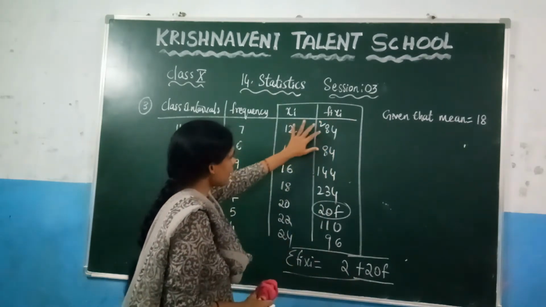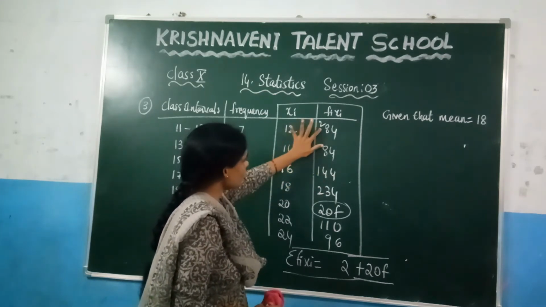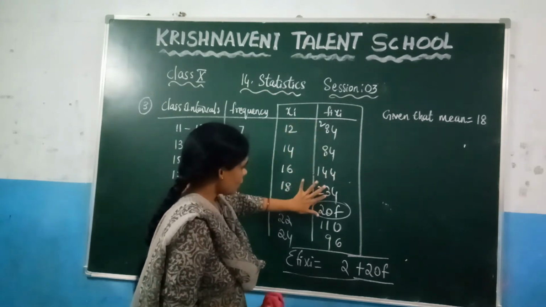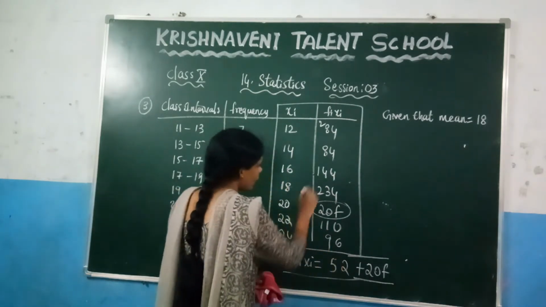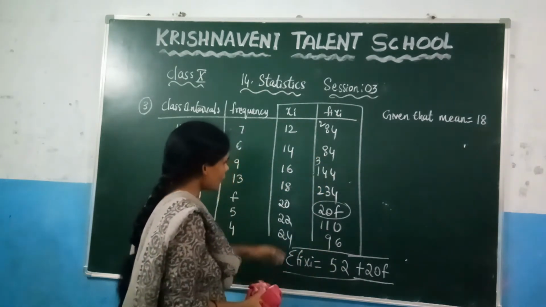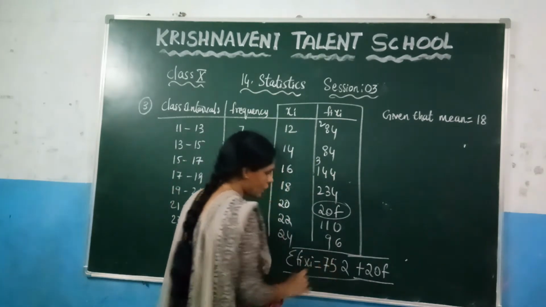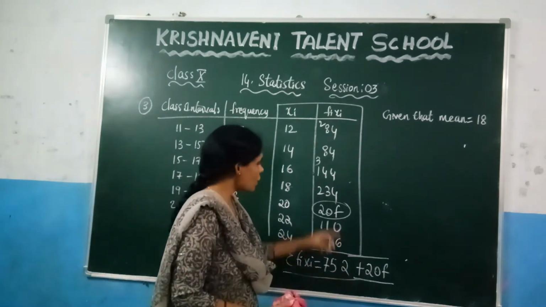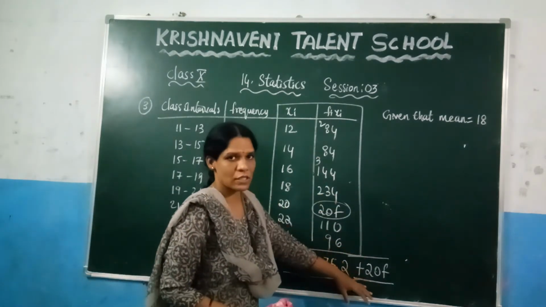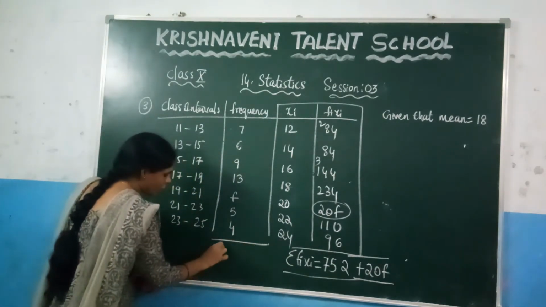And after that 8 plus 8 is 16, 16 plus 4 is 20, 22, 25, 34 and 35. Here you will get 5 and here you will get 3, and so on. So you will get 752 plus what is left out, which is 20f. Now what we need to do is calculate sigma fi.